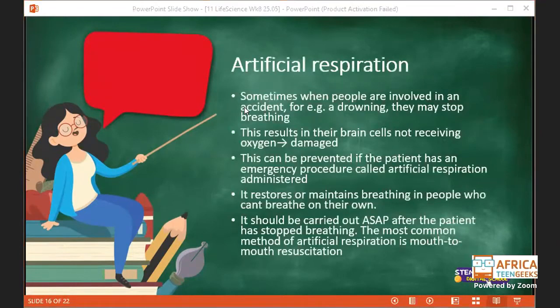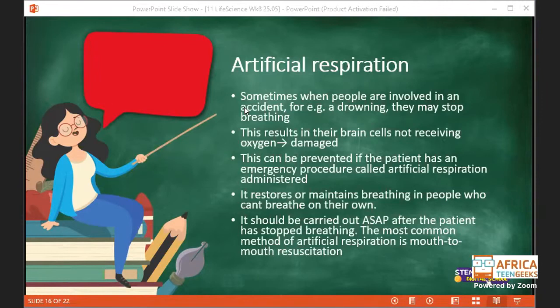Right, then we look at artificial respiration. So guys, artificial respiration is basically a method to start and maintain breathing once it has stopped. Okay, it's a method we use to start and maintain breathing once it has stopped. So let's go through the notes. Sometimes people are involved in accidents, for example, drowning, and they may stop breathing. And this results in their brain cells not receiving oxygen because of the damage.